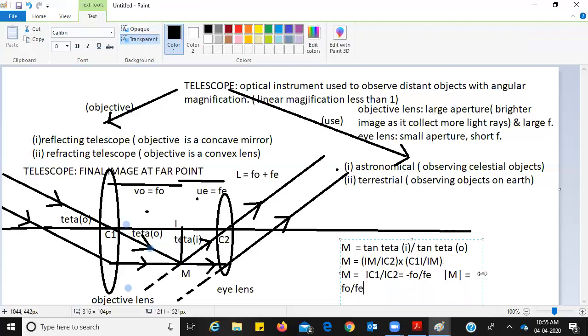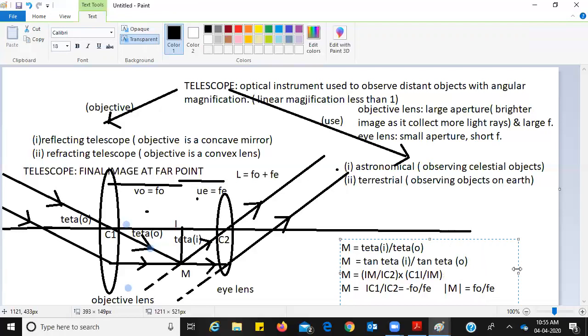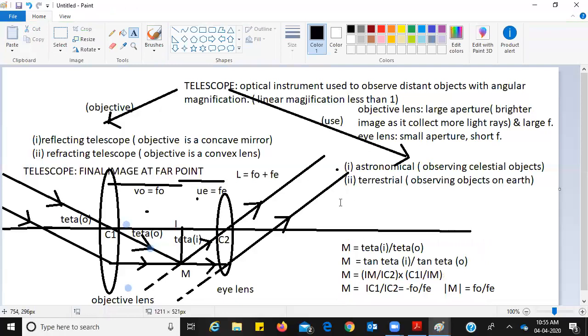Now you can tell me how to improve the magnifying power. Short focal length of the eyepiece and larger focal length of the objective lens. What about power?